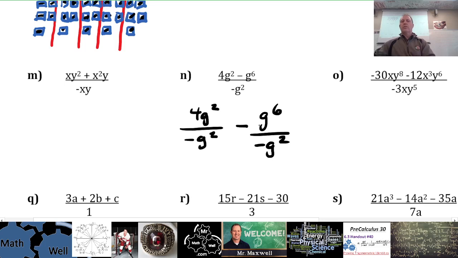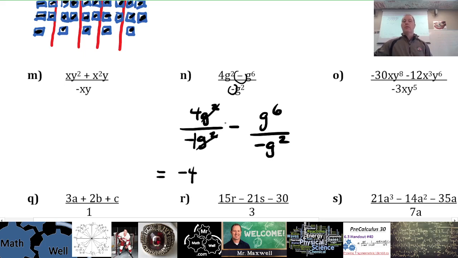You could do this as well. I don't want to confuse you, but you could write this as a plus and then put a minus on top for this, and a minus on the bottom for this. So you could do it this way too. That's no problem, but again, I don't want to confuse you, so I'll just keep it like we've been doing it. So 4 divided by a negative 1 is really what this is. So my answer should be negative 4g squared divided by g squared.